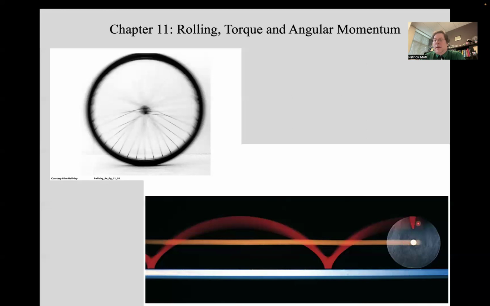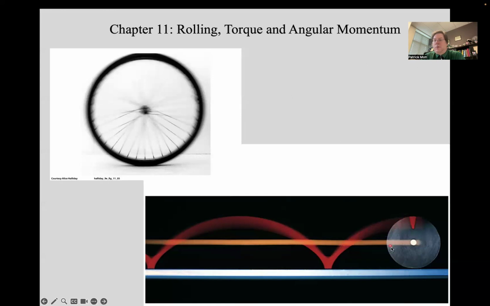This point on the edge of the wheel, look at the shape that it's taking. It's going down, coming to rest for an instant, reversing direction. Right? Then it's going to start to come down again, come to rest for a second, and reverse direction.